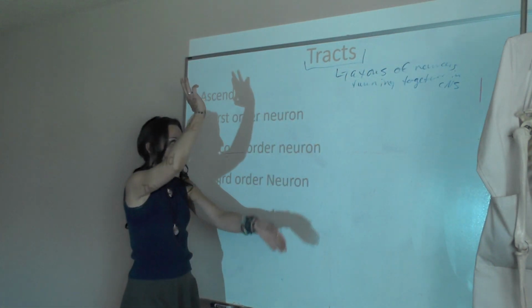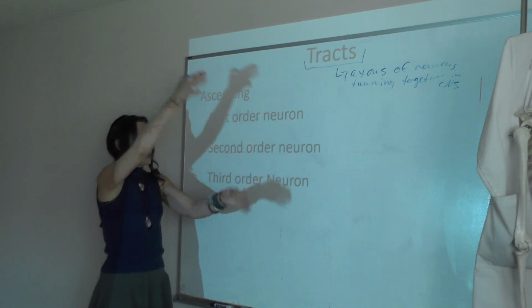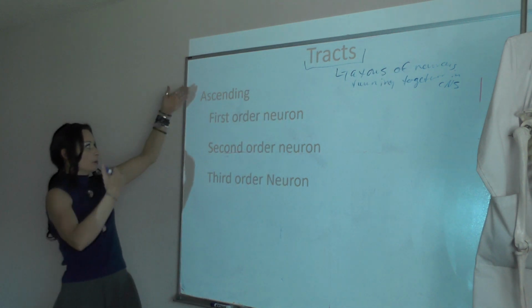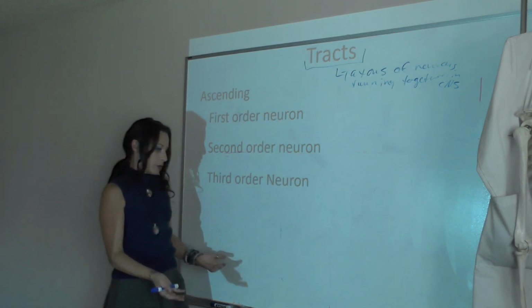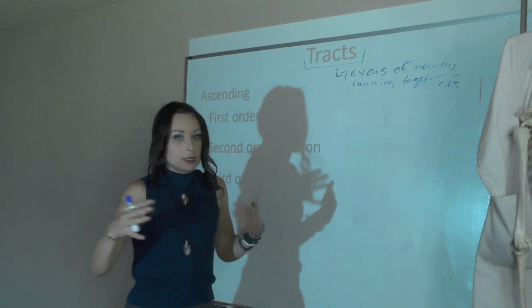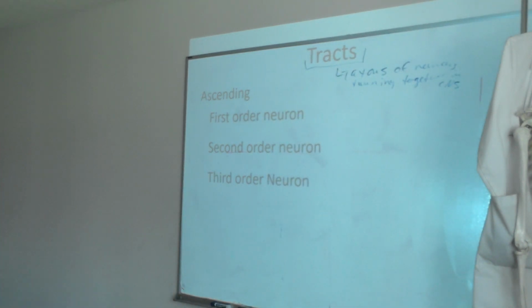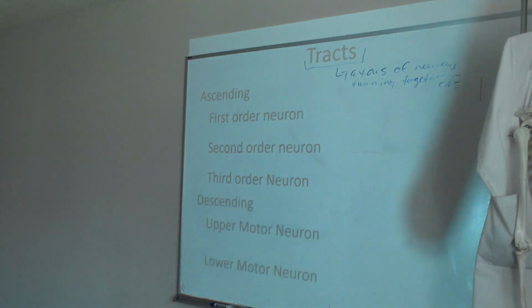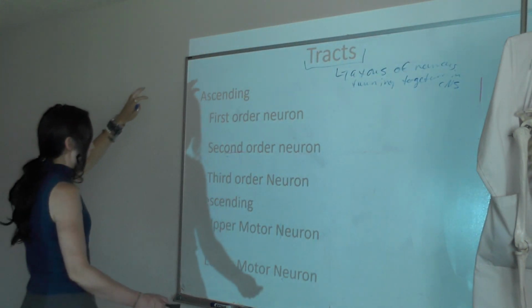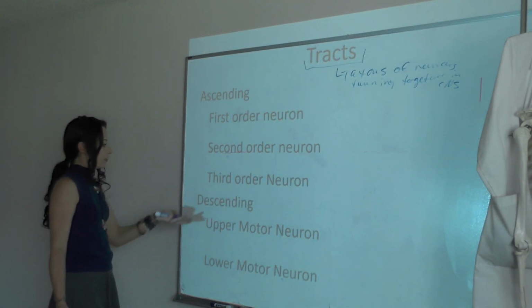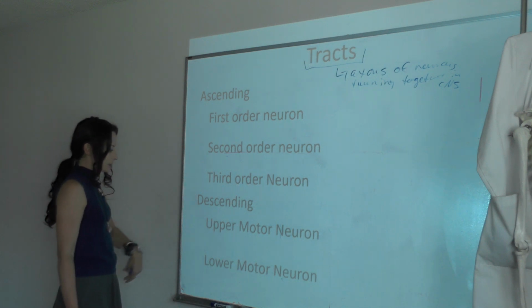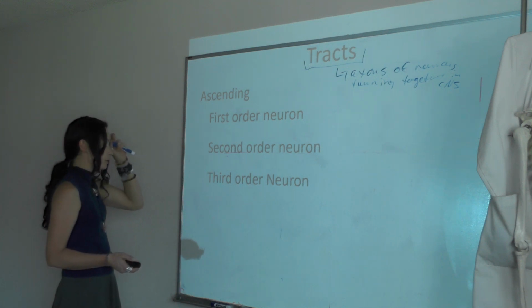These are going to be the ways that we get information to the brain or from the brain so that we can maintain homeostasis. So we have ascending tracts that are bringing sensory information up and descending tracts that are bringing efferent commands out.